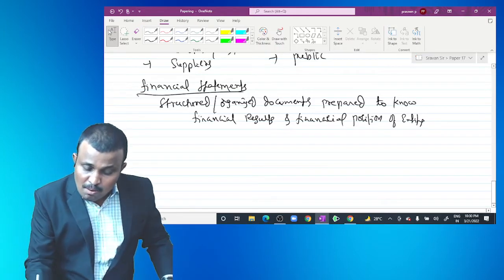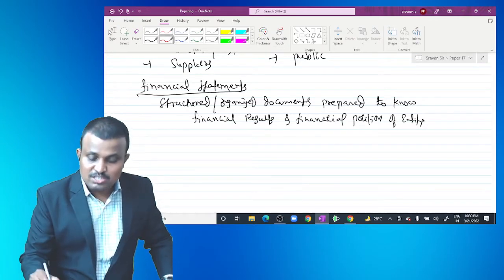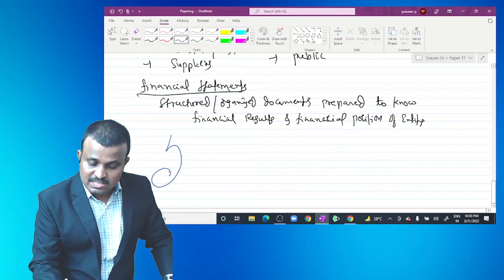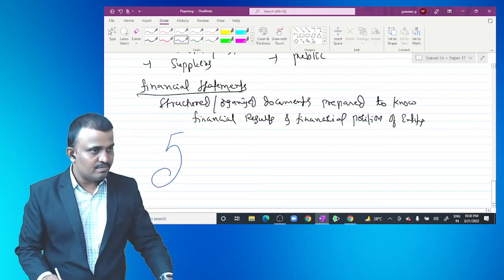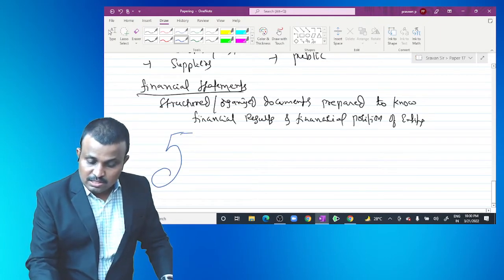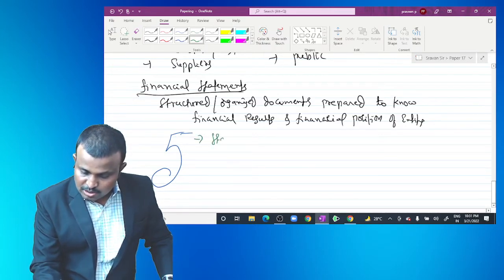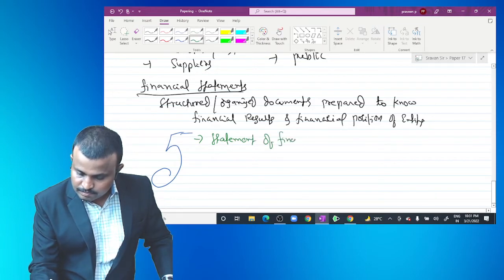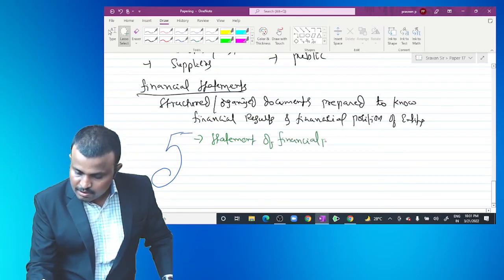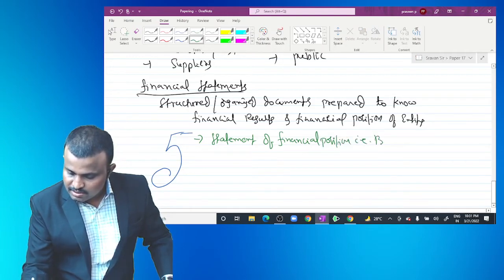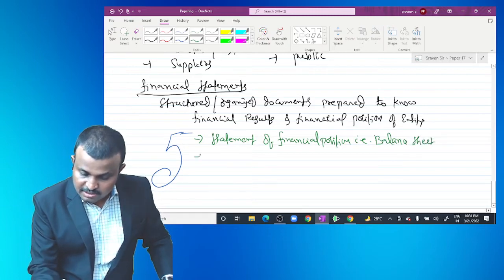So coming to the components of the financial statements. Here the components of the financial statements contain five components. The first one is the statement of financial position, that is the balance sheet.